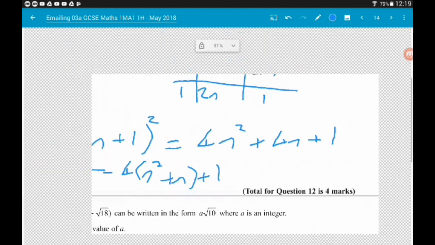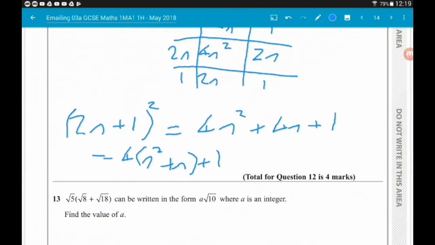Now, 4 lots of n squared plus n is a multiple of 4. We are then adding 1 to it. So whatever 4 lots of n squared plus n is, that's a multiple of 4. We are then adding 1 onto it. So we're always going to get 1 more than a multiple of 4.